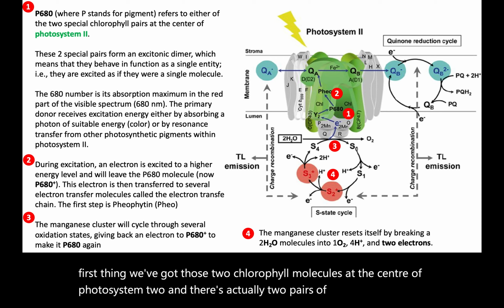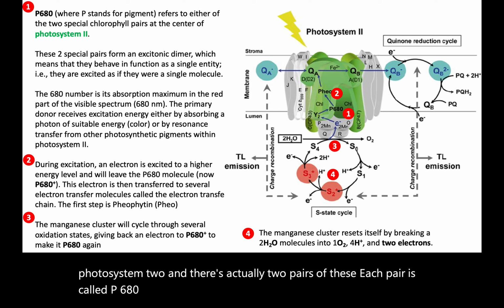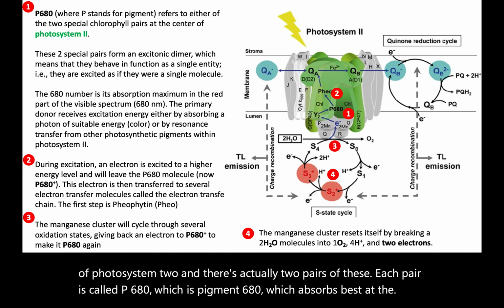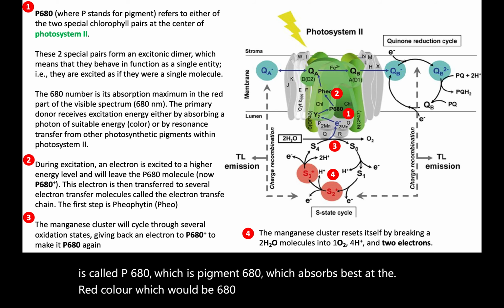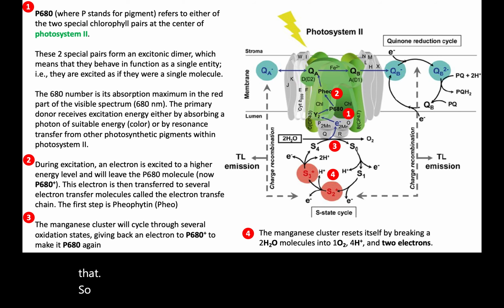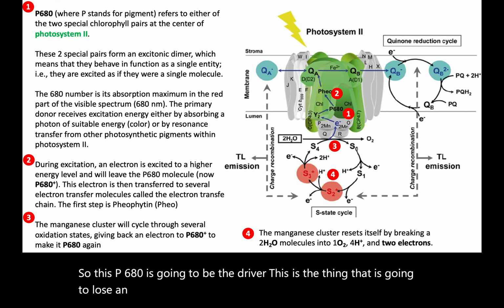Each pair is called P680, which is pigment 680, which absorbs best at the red color, which would be 680 nanometers. That's why we call it that. So this P680 is going to be the driver. This is the thing that is going to lose an electron. And this is the thing where all the energy is going to be focused, on P680.